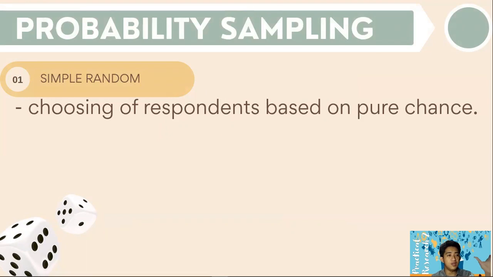You have your list of students, for example, arranged alphabetically, so you don't know their section. Then you draw according to the sample size that you have, and you don't know the section, so you are not able to contact them as soon as possible. So the time element is now being considered. So there is a waste of time already.